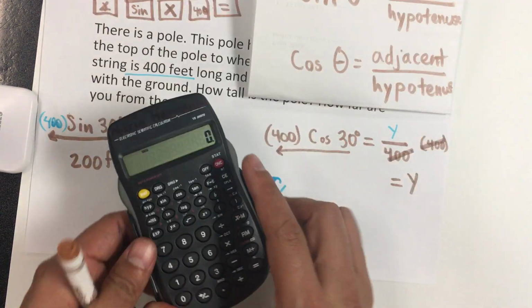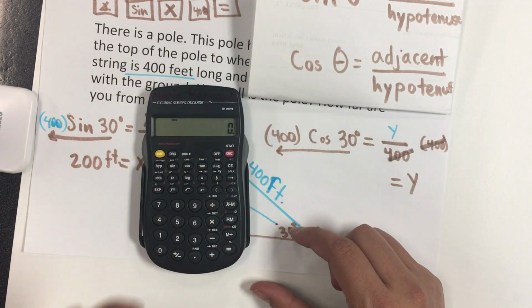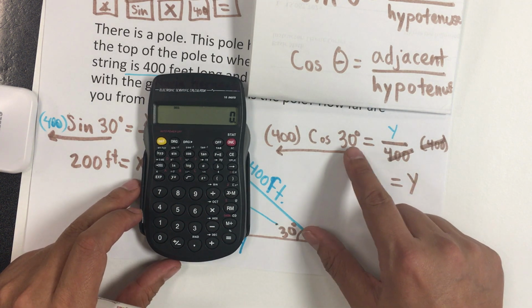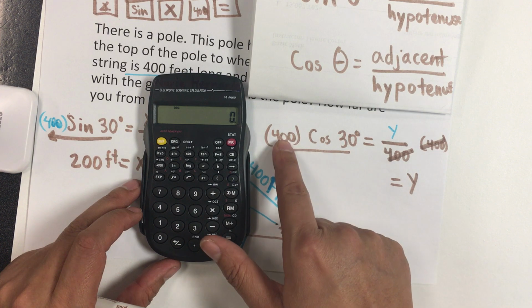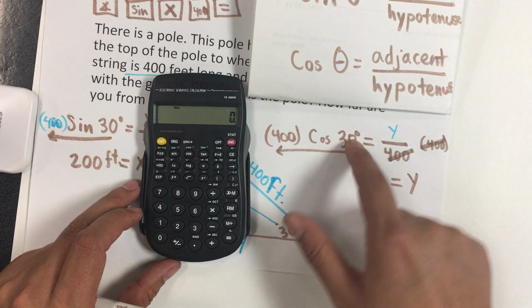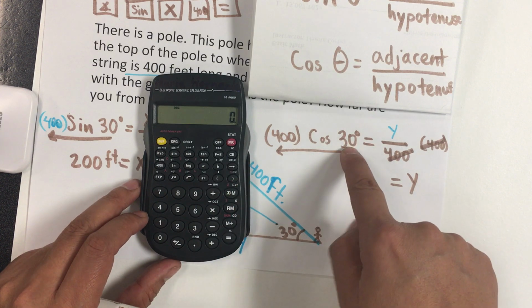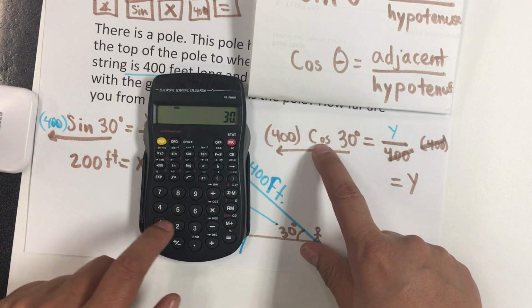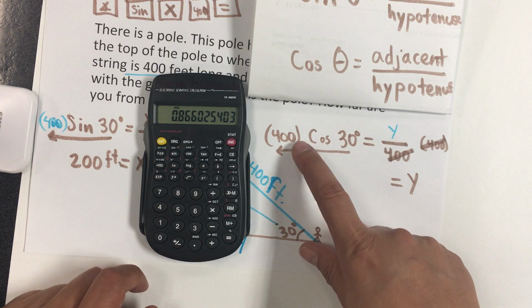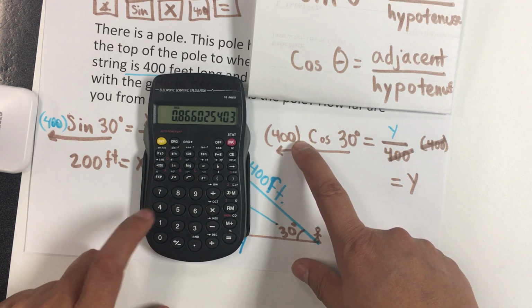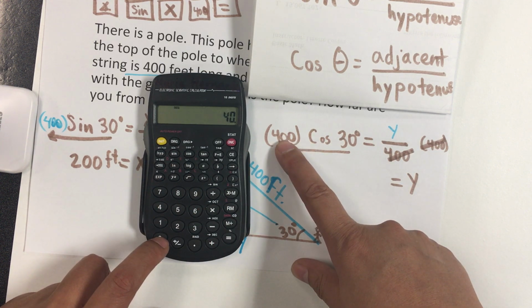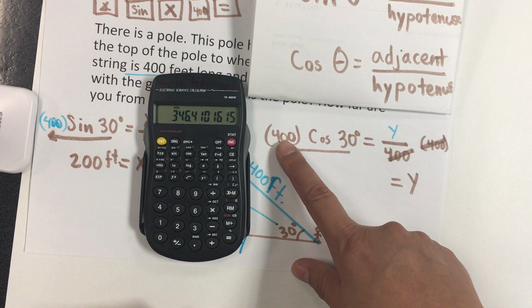And so with the calculator, unless you have the other one, you will use it this way, okay? 400 times cosine 30, close parentheses, equal. But mine is 30 cosine, and then in here times, and then 400, and finally equal.